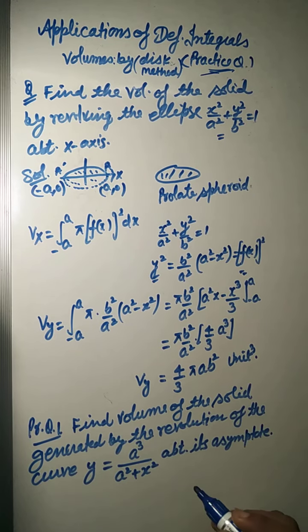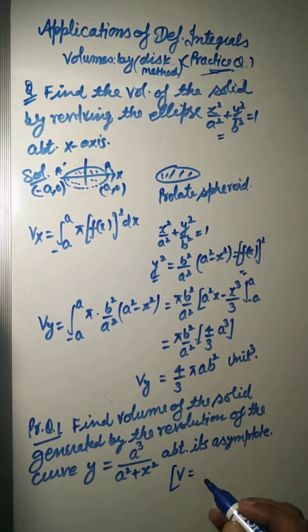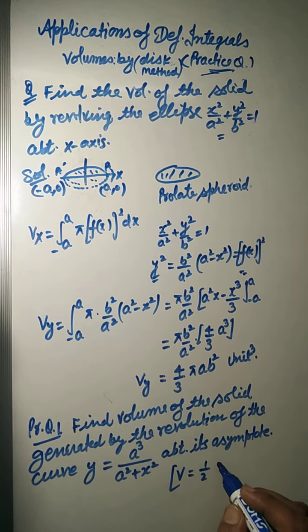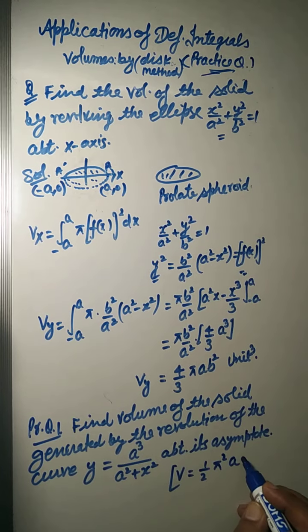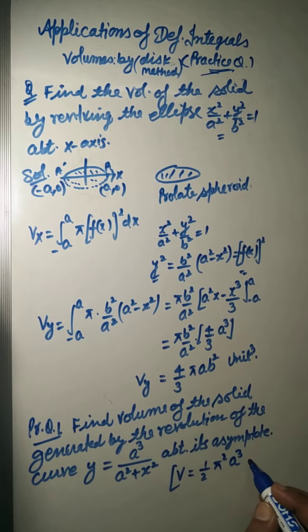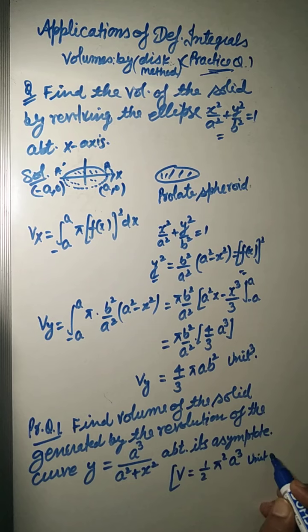And we can solve this problem. We will obtain answer easily as volume equals 1 by 2 of pi squared a cubed unit cubed.